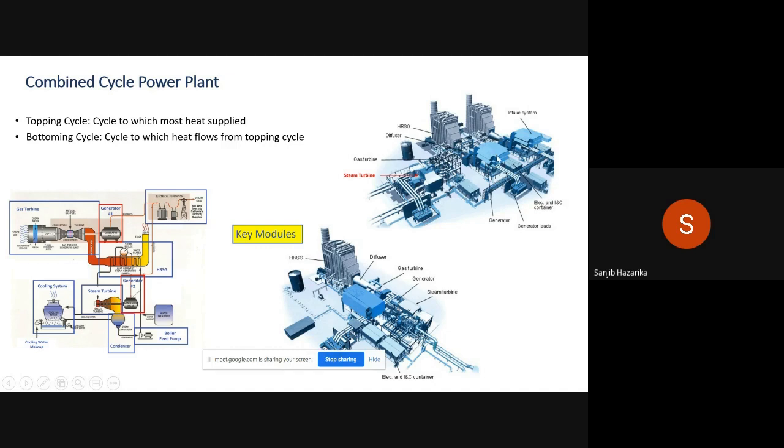So here it shows two combined cycle plants. One is one gas turbine linked with one HRSG, the heat recovery steam generator that produces steam. This is what we call a 1-on-1 configuration. And the top one has two gas turbines that produce steam using waste heat recovery steam generators, and this steam is used to run the steam turbine.